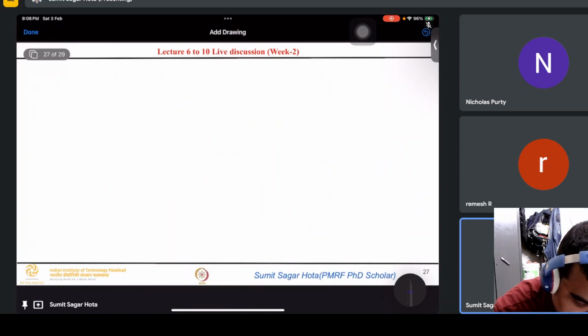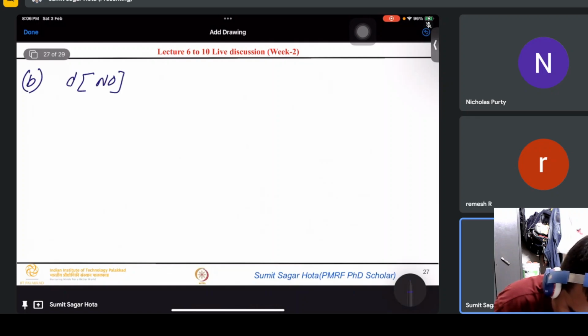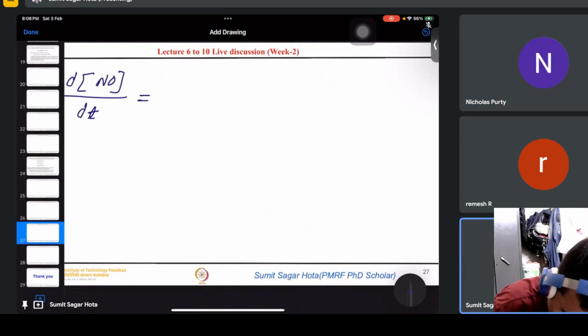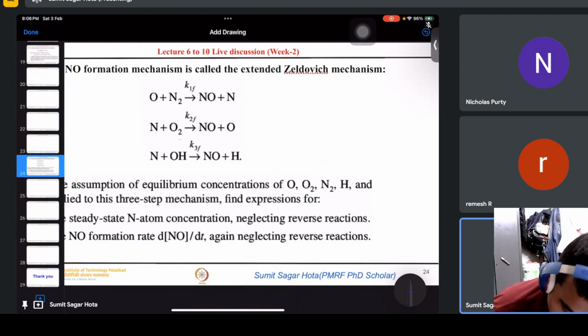Write down the expression. If you write down dNO by dt, NO in the first reaction is a product, that means positive. Also the second is a product, that means K2F is also positive.